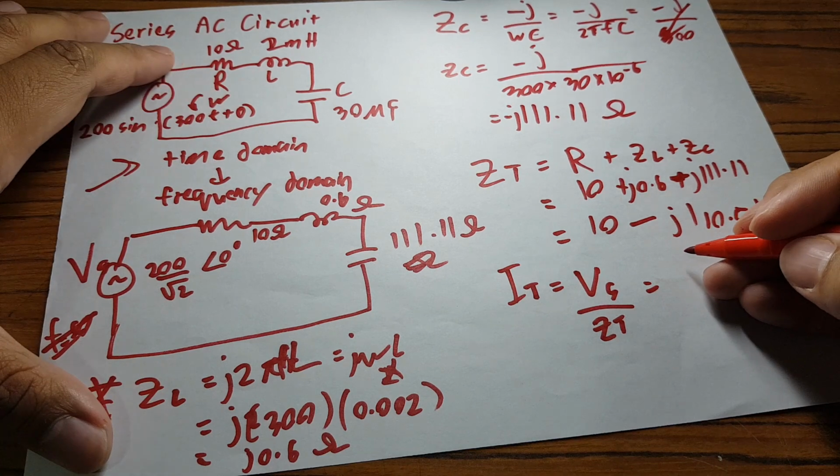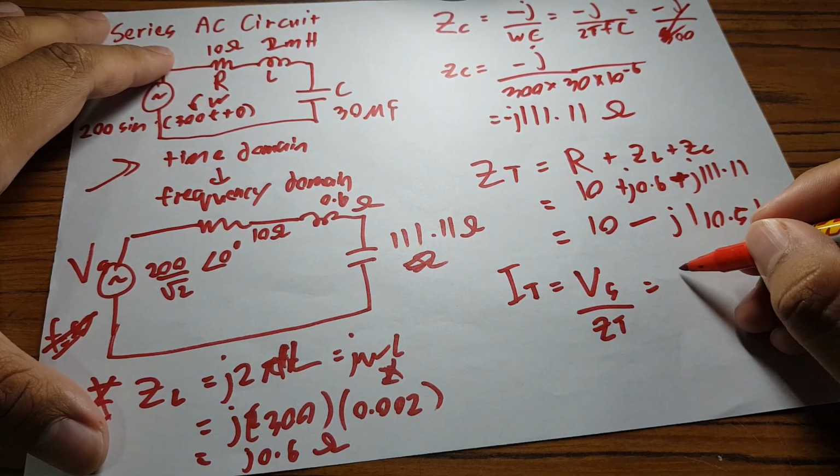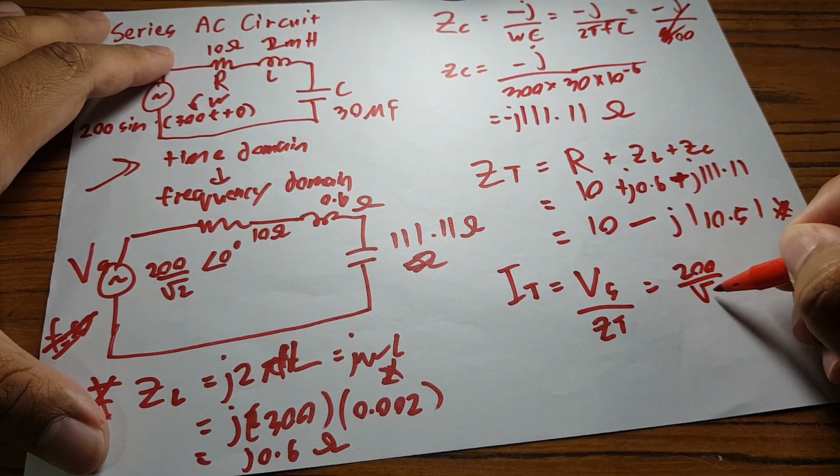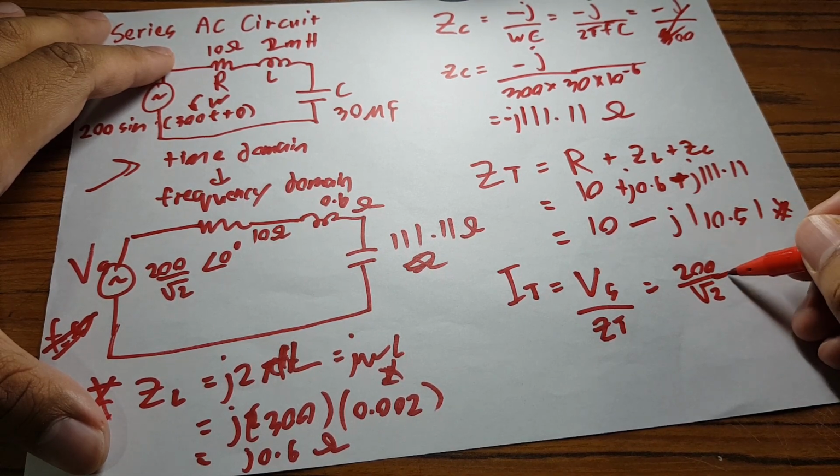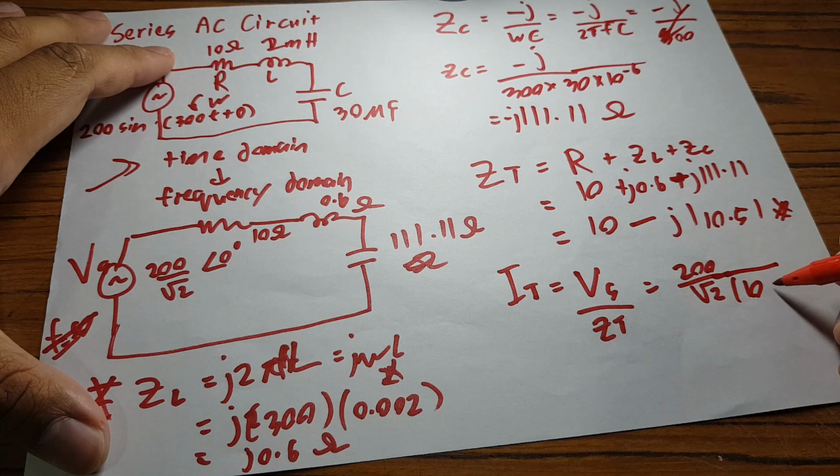So Vs is 200 divided by square root 2. Angle 0 doesn't need to be written, and then divide by 10 minus j 110.51.